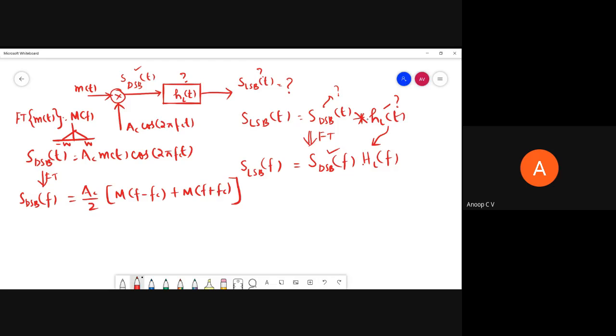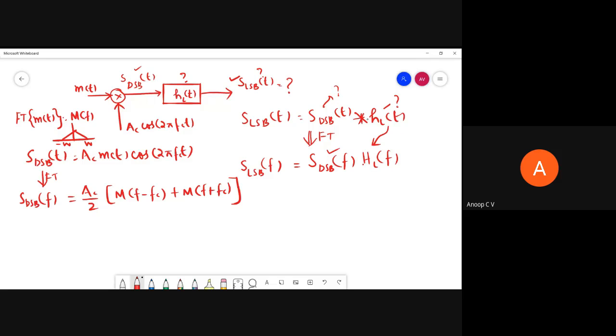Maybe now we'll plot that so that we get more idea what this filter should be. Our main aim is to find the time domain expression for s_LSB(t), the LSB modulated signal. We are not going to find it in the time domain itself.